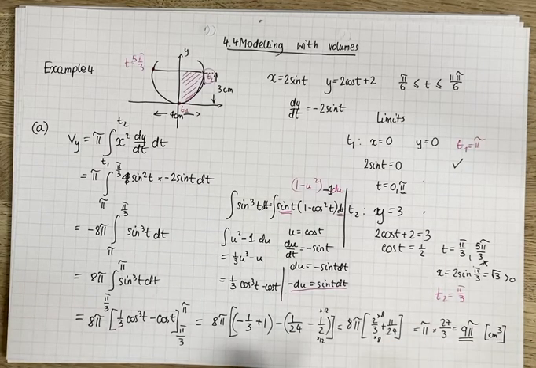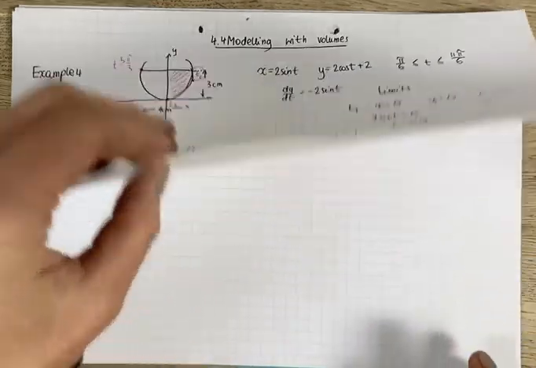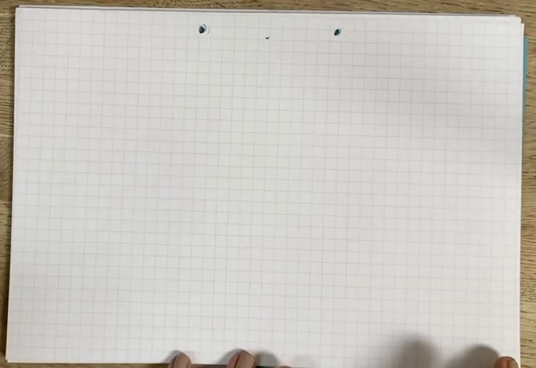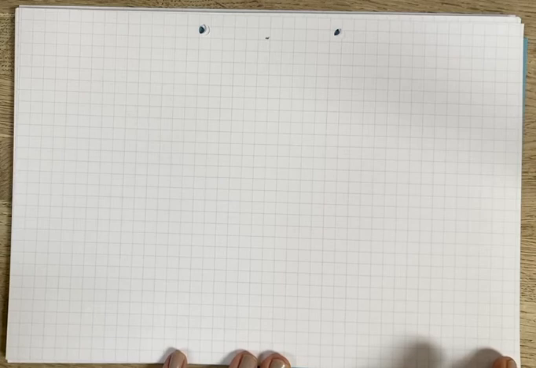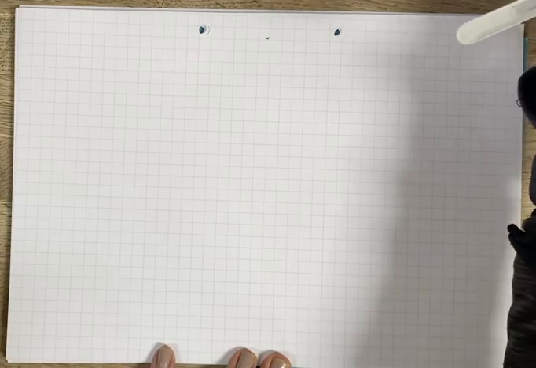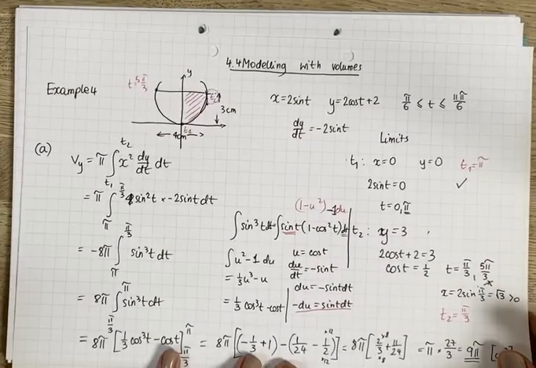Moving on to part B, we've now been told to interpret this answer, so it's like a model. The real goldfish bowl has a maximum diameter of 48 centimeters, and then we have to find the volume that goes with that.